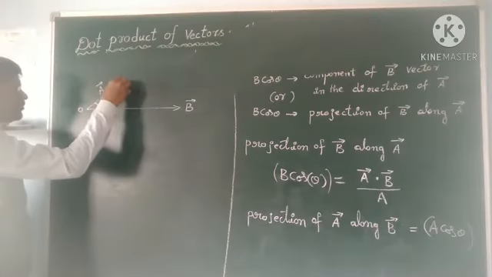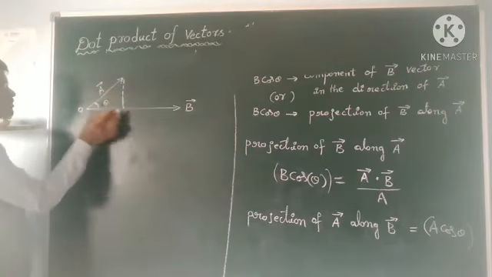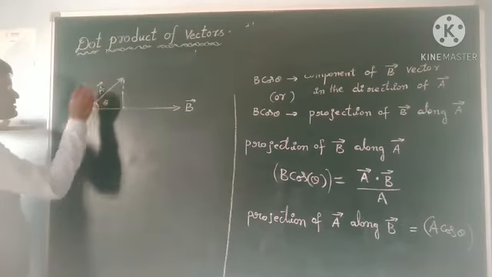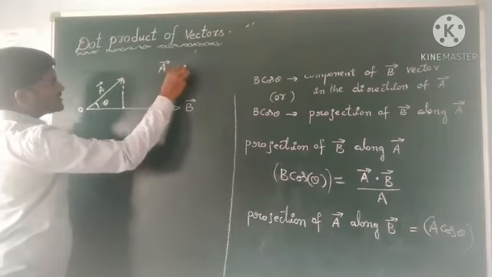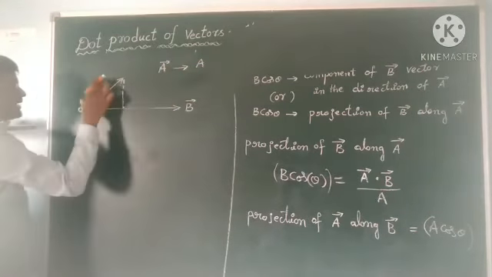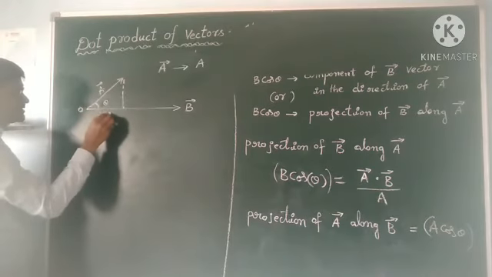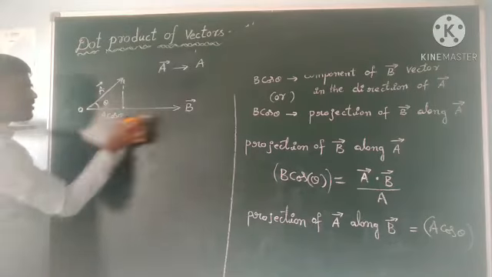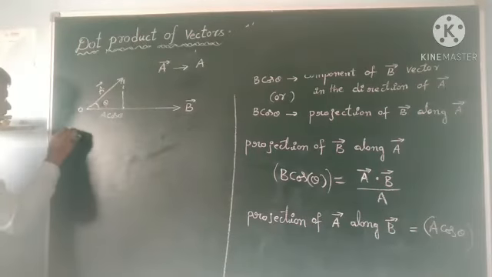Now draw one perpendicular to B. So then this can be written as a right angle triangle, and this is A bar vector. Its magnitude is A, and the hypotenuse length is A. Its component in this direction is A cos theta. This A cos theta is in the direction of B bar. That's why, what will you call A cos theta?